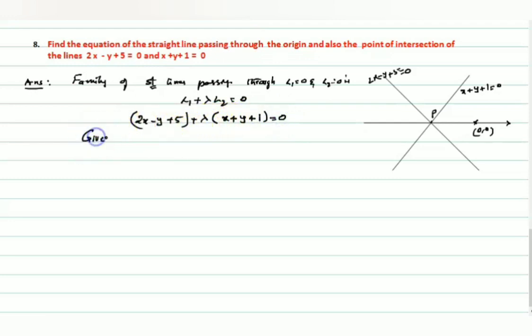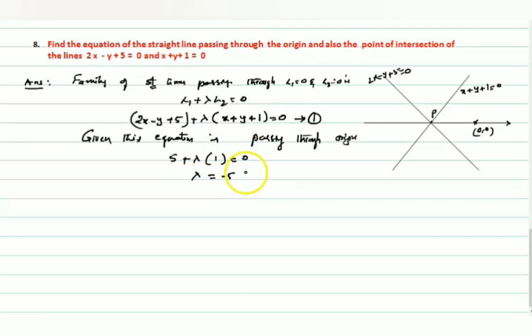This is the equation of the family of lines. Given this equation is passing through origin, if origin lies on the line, what happens? This becomes 0 plus 0 plus 5 plus lambda into 0 plus 0 plus 1 is equal to 0. So I get lambda as minus 5. So lambda is found, our work is completed.